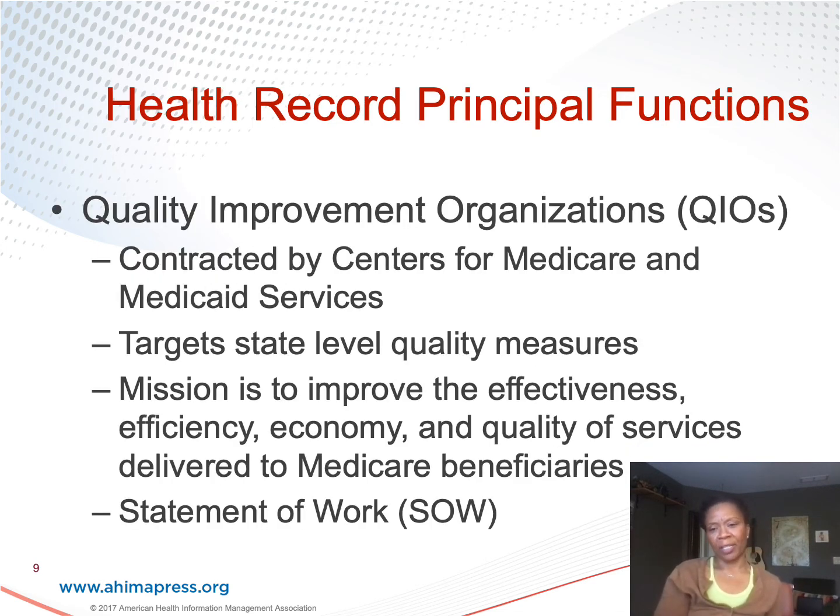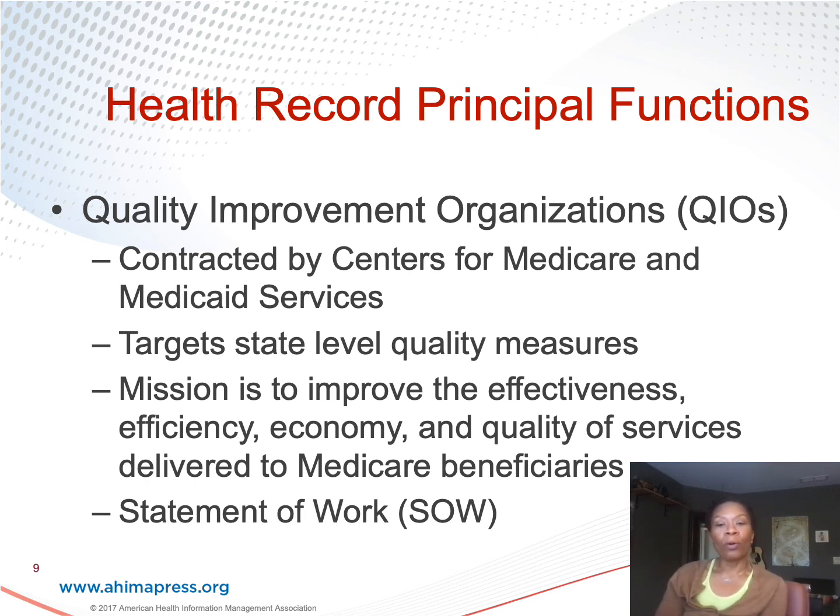The Joint Commission is not the only organization with quality management and performance improvement initiatives. The Medicare program first established a system of quality reviews in 1982. Today, local quality improvement organizations, which they call QIOs, work under contract with the Centers for Medicare and Medicaid Services. This is a federal agency that administers the Medicare and Medicaid programs.